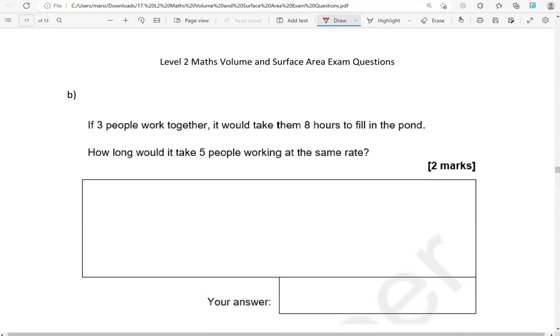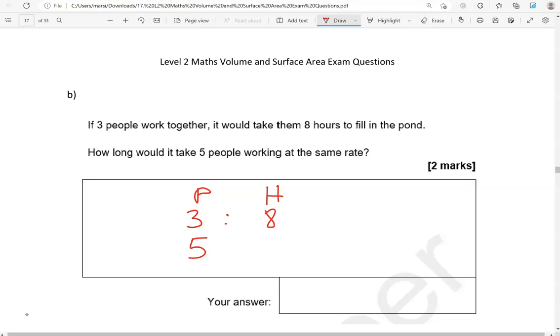If 3 people work together, it would take them 8 hours to fill in the pond. How long would it take 5 people working at the same rate? So the ratio of people to hours is 3 to 8. If 5 people work at the same rate, how long would it take them to complete it?